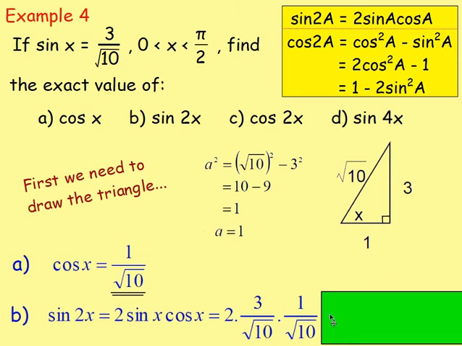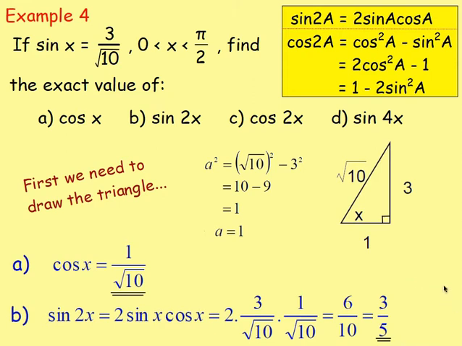And from there, if you multiply that out, imagine 2 as 2 over 1, so you've got the fractions together. So multiply the numerators, 2 times 3 times 1 is going to give you 6. Root 10 times root 10 is root 100, square root of 100 is 10, so you end up with 6 over 10. Simplify that though, and you get 3/5. So that would be sin 2x.